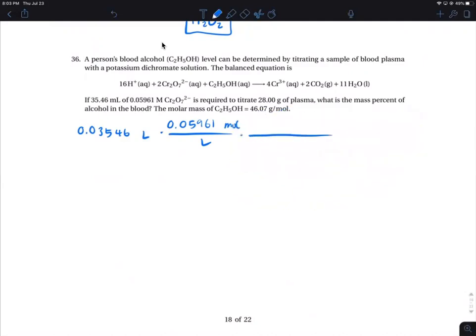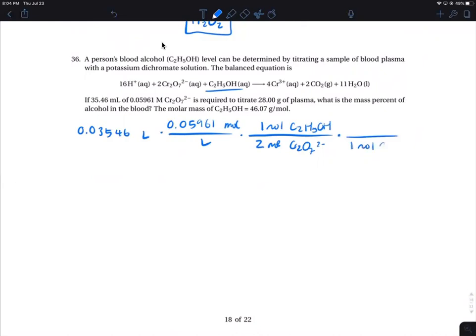So for every 2 moles of dichromate, Cr2O7 2 minus, we have 1 mole of C2H5OH. And then from here we can go into grams.